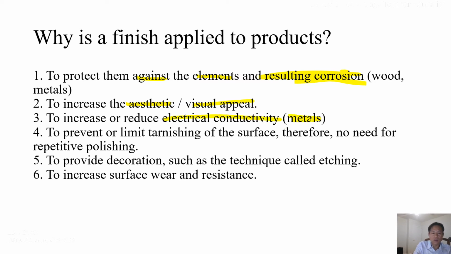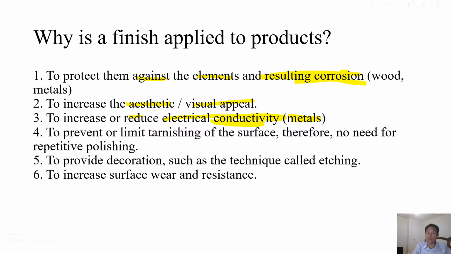Many electronic products are finished to reduce electrical conductivity. For example, cookware, if that has electrical conductivity, that causes electrical shocks. So that's why they do coating on the metal part to reduce electrical conductivity.